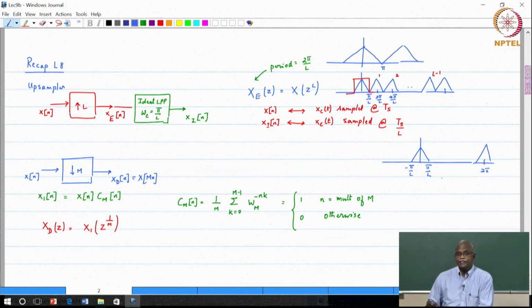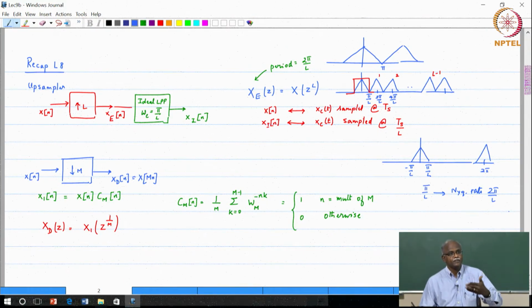So this basically says that if I had a signal which was band limited to pi over L, my Nyquist rate would have been 2 pi over L, but actually I have sampled it at 2 pi. Which means I have sampled it at L times higher than the Nyquist rate. So that is what the process of interpolation gave you.